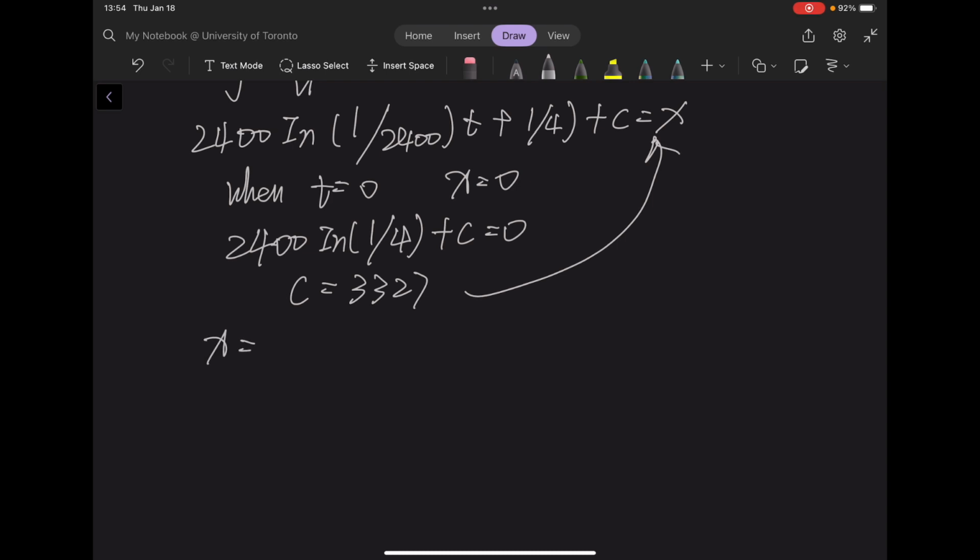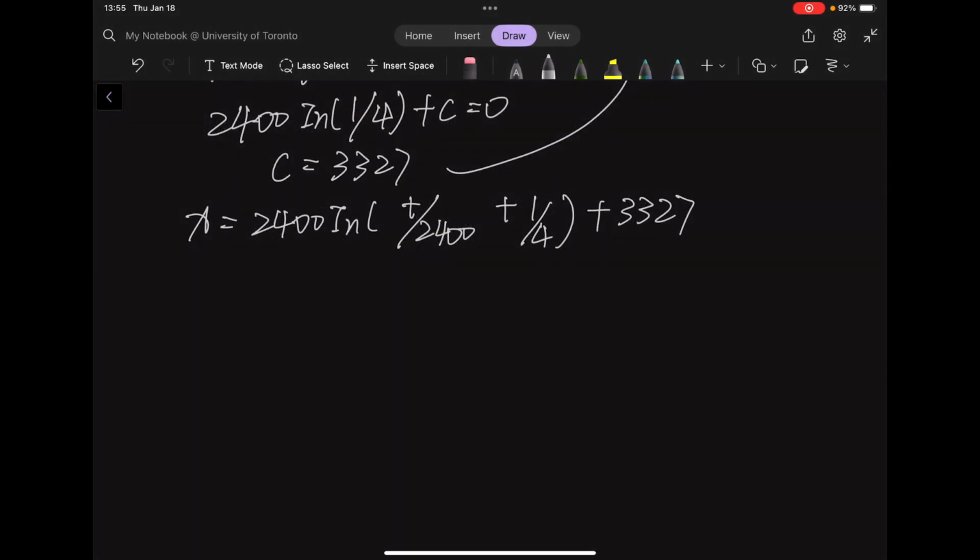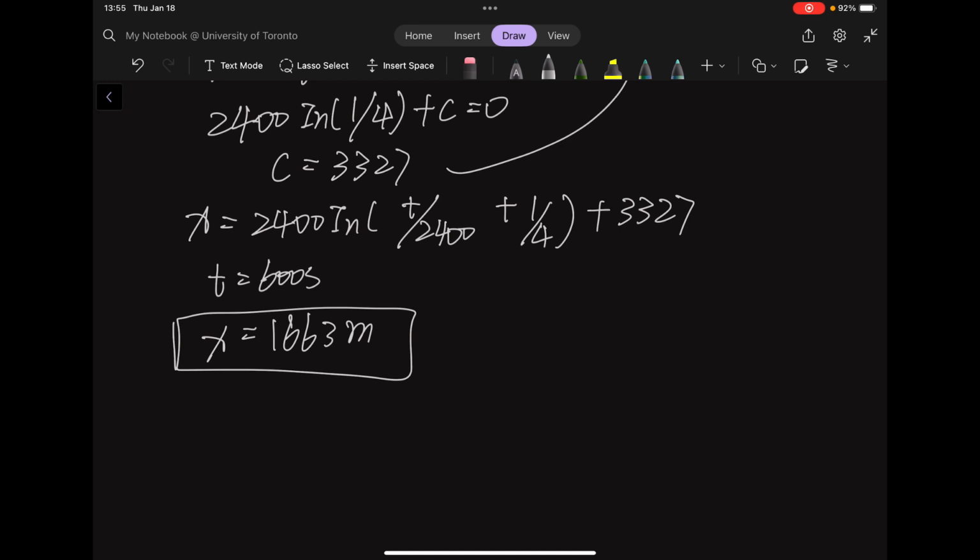So we got x is equal to 2400 natural log of (t divided by 2400 plus 1/4) plus 3327. What we need to find is the distance when the time is 600 seconds. So we have t is equal to 600 seconds, x is equal to 1663 meters. That is our final solution.